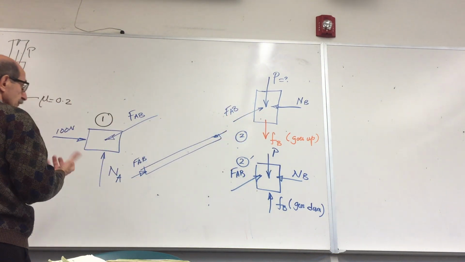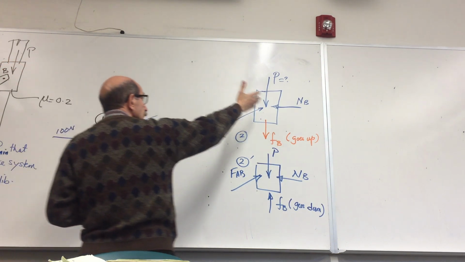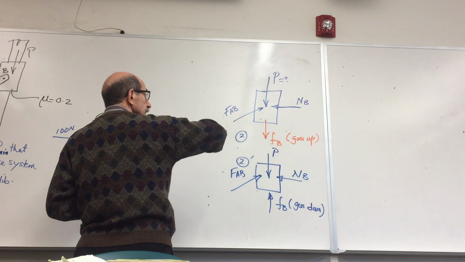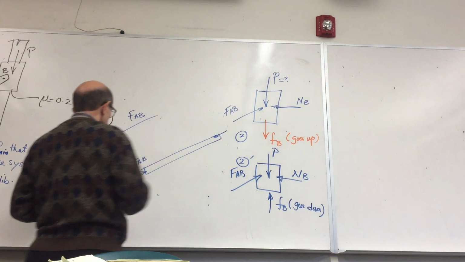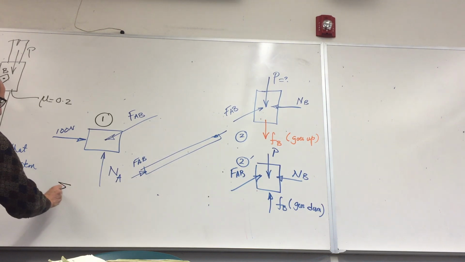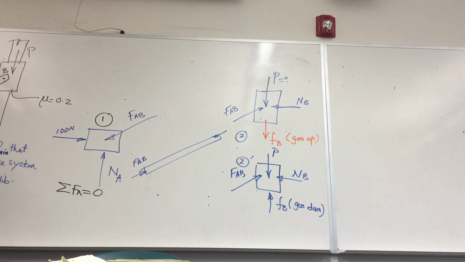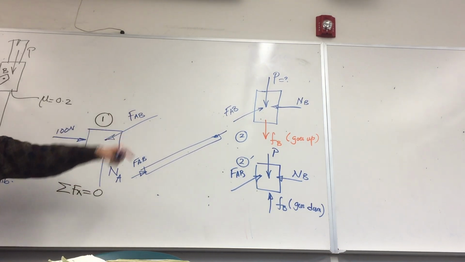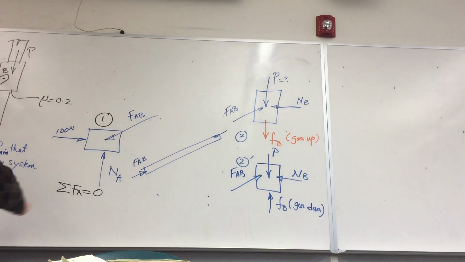Here, for instance, you want to find P. So in this free body diagram, the only unknown that you need is this. So I would just write summation of forces along x equal to 0. I don't need N_A. I'm not going to use it, and that free body diagram is not going to help me with finding P. So I just find F_AB only.